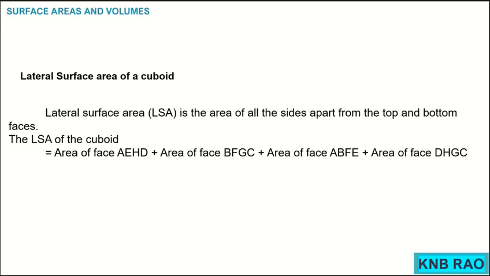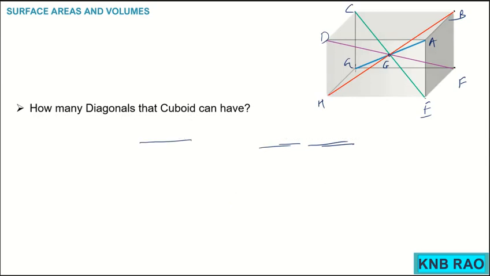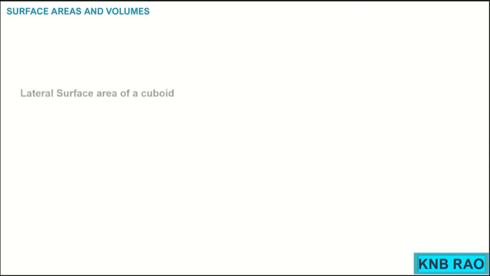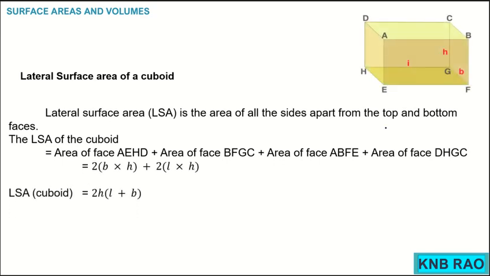found from the area of face AEHD and the area of face BFGC in the previous figure. So the area of four surfaces, as I have already proved in this figure: A, B, C, D and E, F, G, H will be the top and bottom.